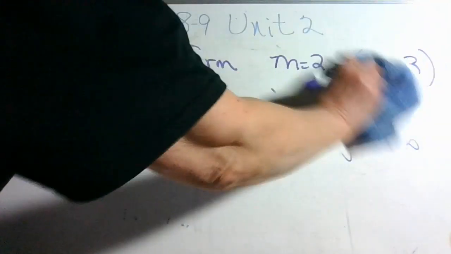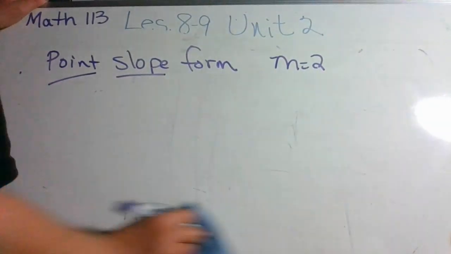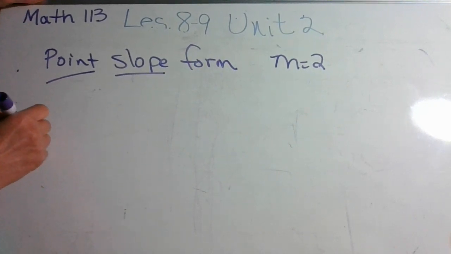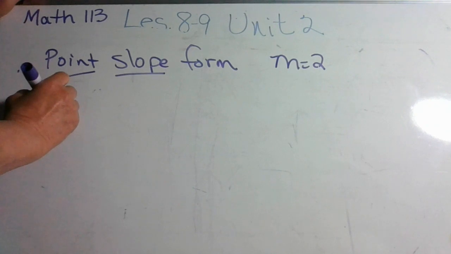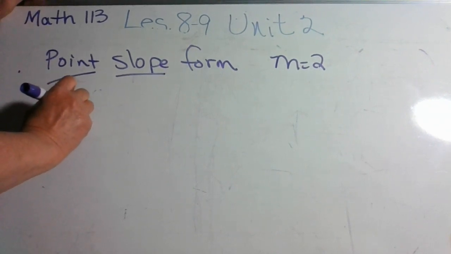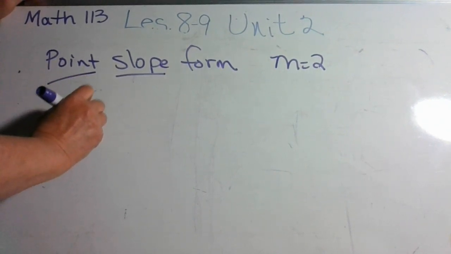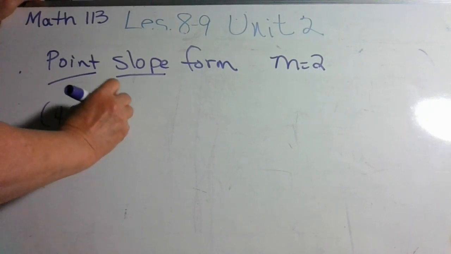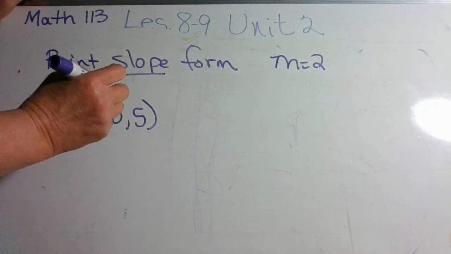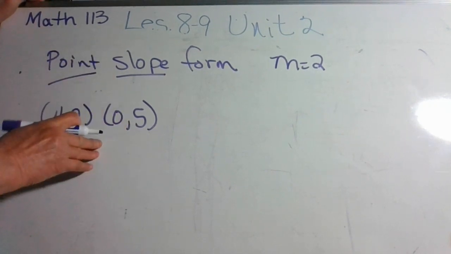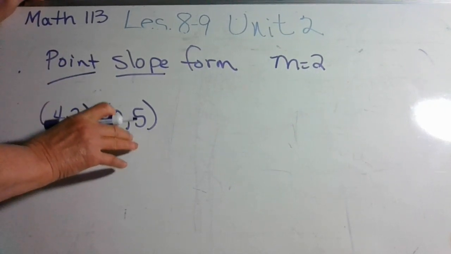Now, what if I told you that I have the points 4, 2, and 0, 5, and I want you to find the equation for the line that passes through those 2 points?